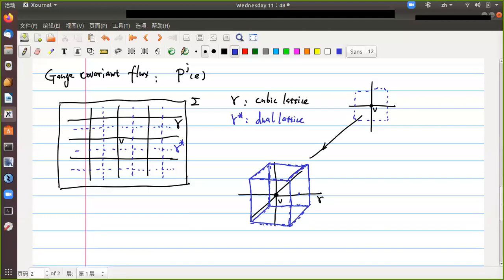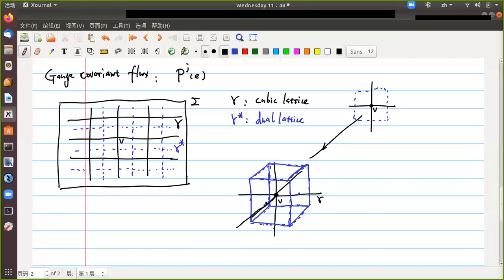I'm not sure you can see it very clearly, but I try. You can see this edge intersects with the surface in front, and this edge in the back intersects with the surface in the back, and you have all the intersections between edges and the dual faces.